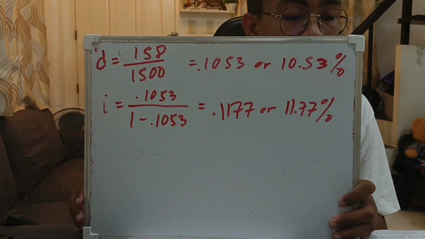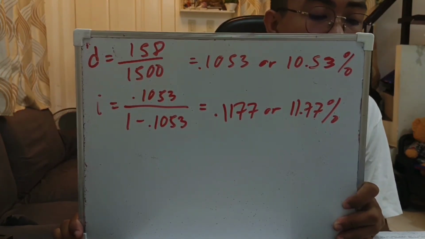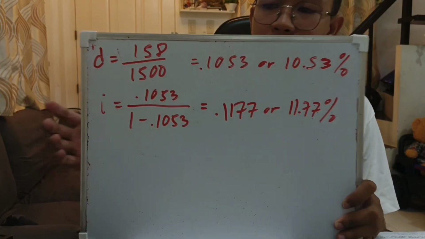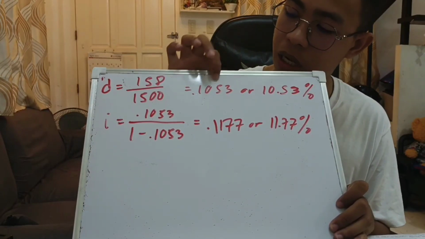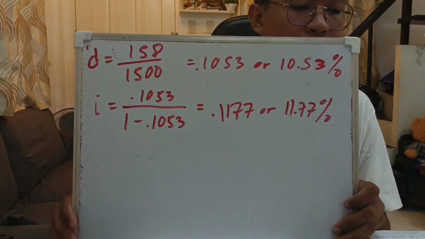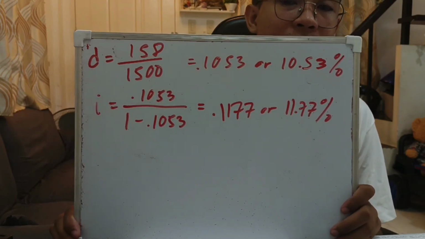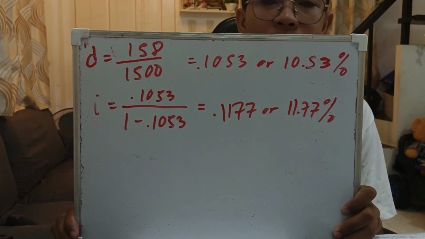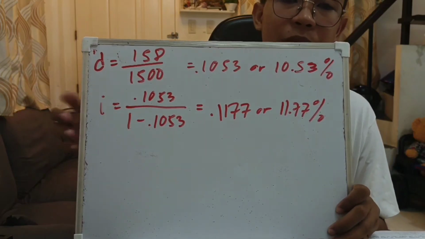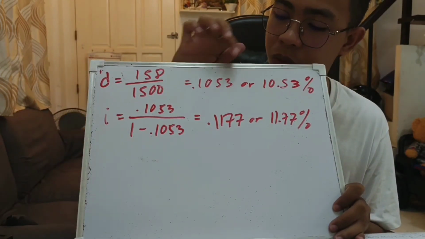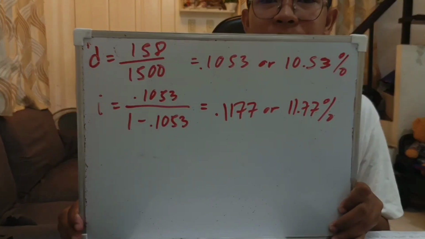The interest rate formula is D over 1 minus D, where D is our corresponding discount. So 0.1053 over 1 minus 0.1053 is 0.1177 or 11.77%, and this would be our simple interest, and these two would be our final answer.